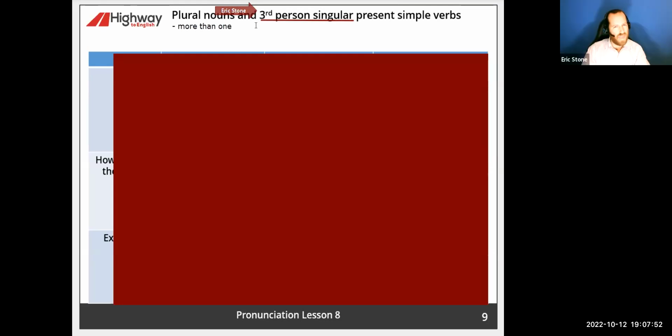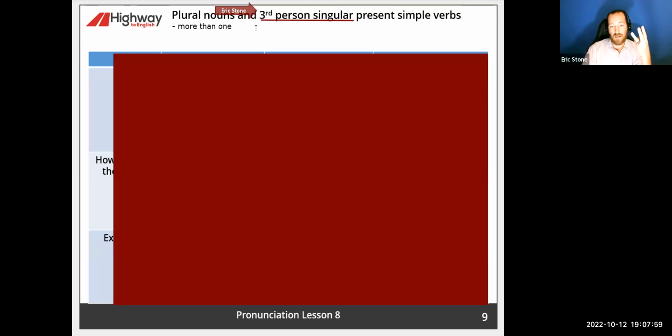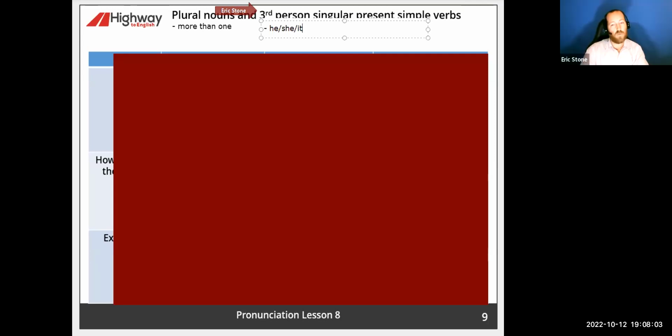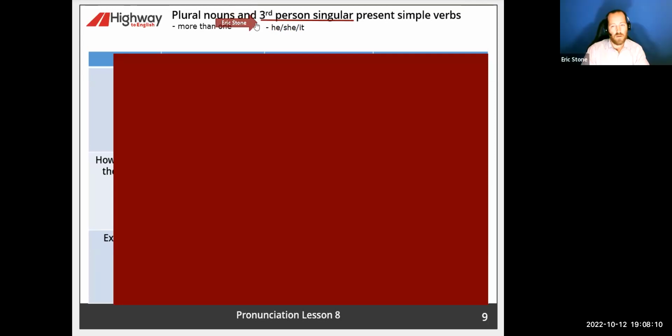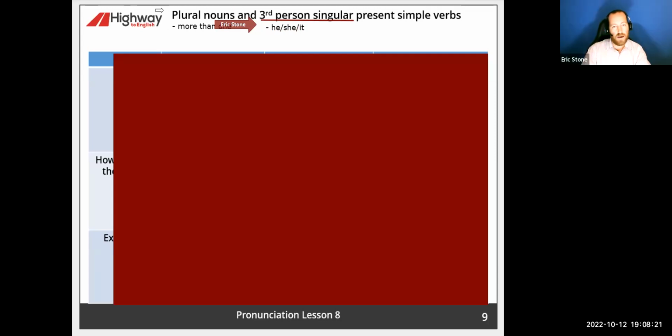Not they. It's he, she, and it. That's what they mean by third person singular. So whenever we use present simple with he, she, it, remember you need to put s. So that's what we're going to talk about today: the plural nouns and third person singular verbs.